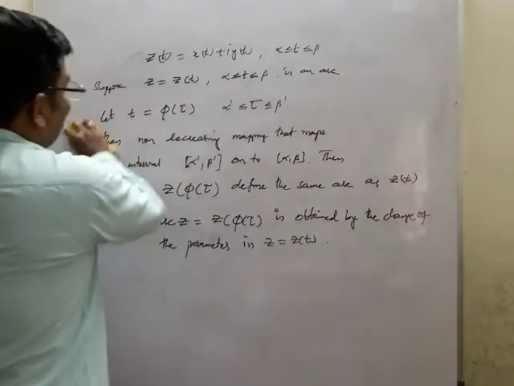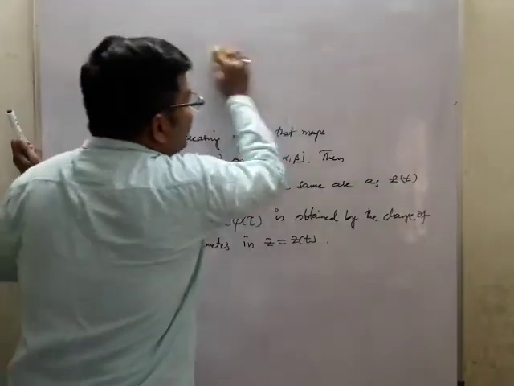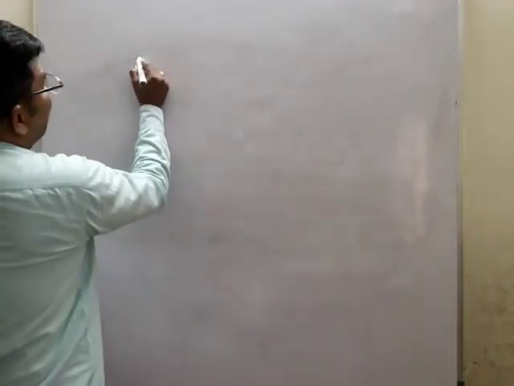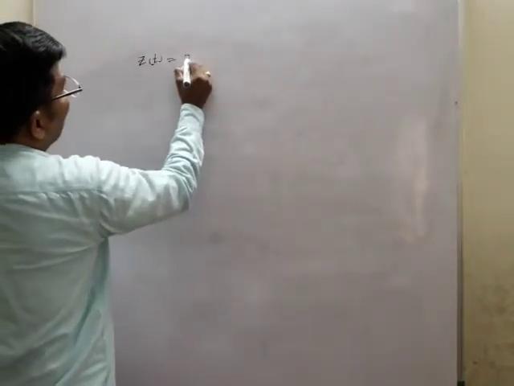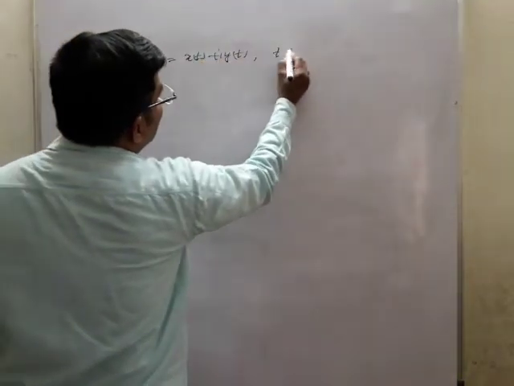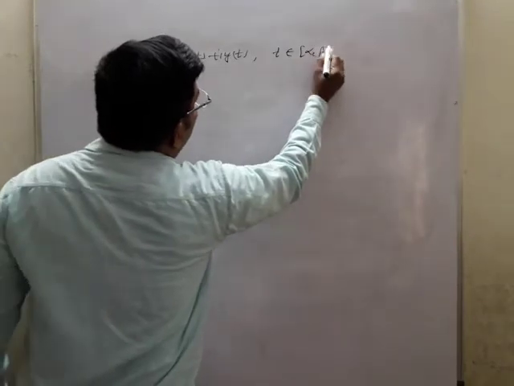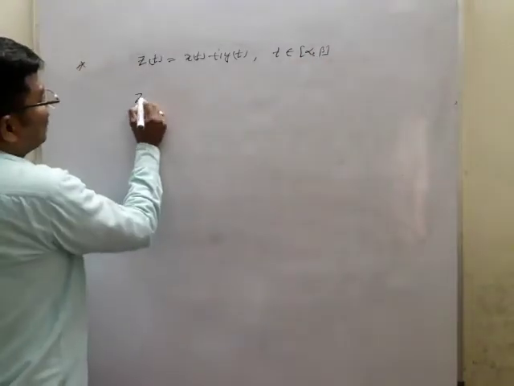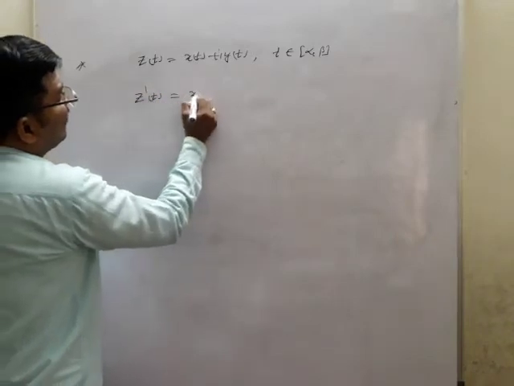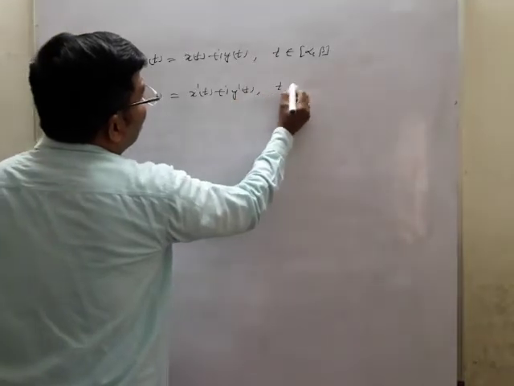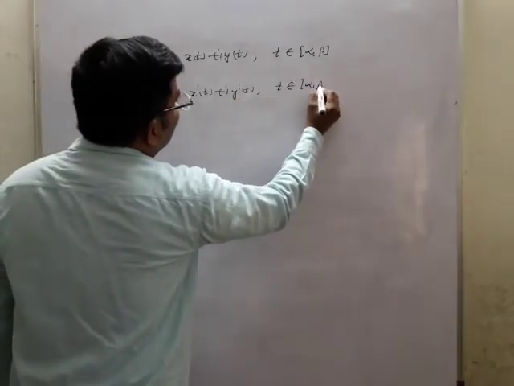The next point is, if z of t is equal to x of t plus i y of t, where t belongs to alpha to beta. Next, another point we are discussing. Suppose z dash of t exists, meaning x dash of t plus i y dash of t for t belongs to alpha to beta.